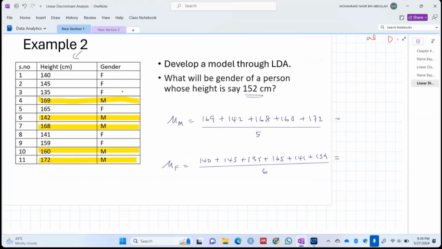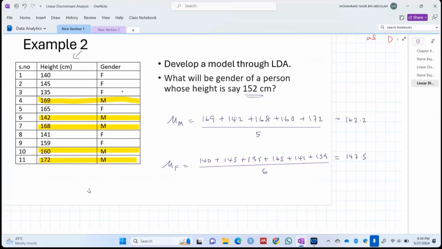Sorry? 162.2 for male. For female? 7.5. Right. Okay, so we have the value of the mean.